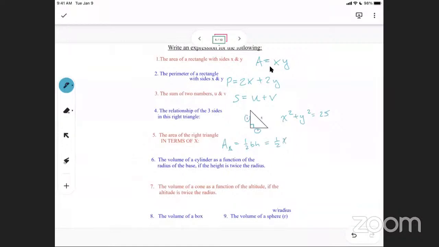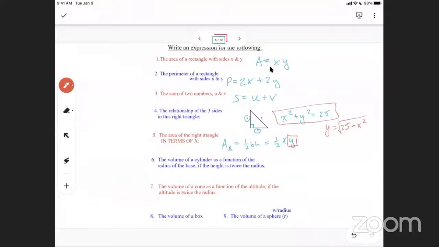So what I have to do is solve the y for x. And I can use this equation to do that because that's the relationship between them. So y equals the square root of 25 minus x squared. Get how I did that?